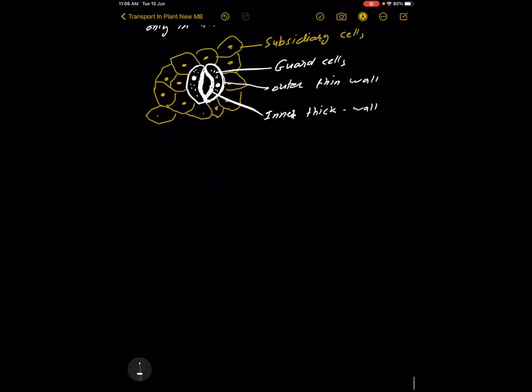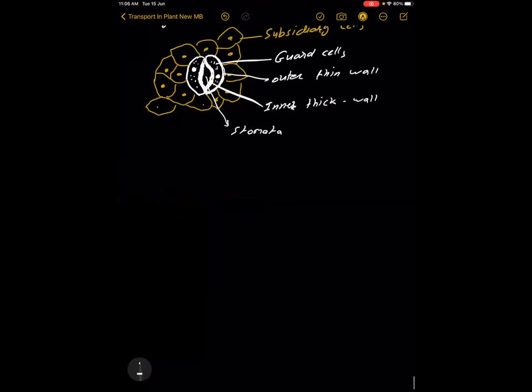And this opening here is called stomata. Stomata is formed by the opening between the guard cells, by the entry of water, by their stretching.